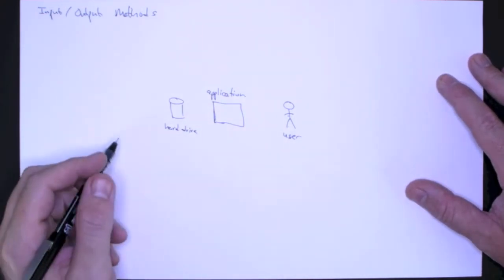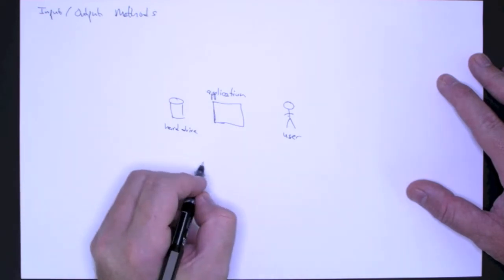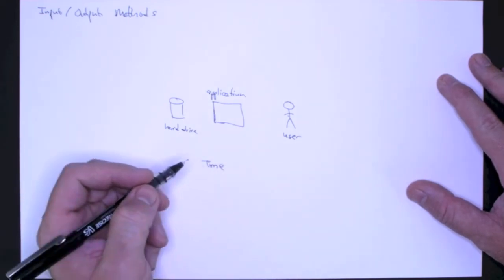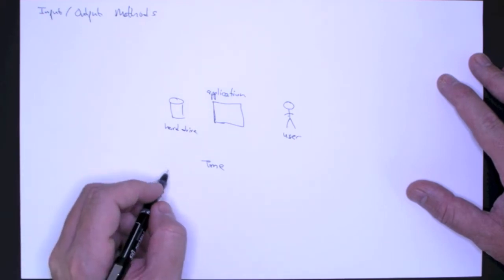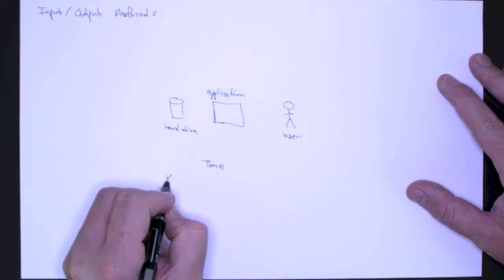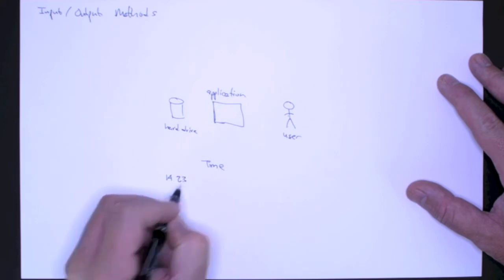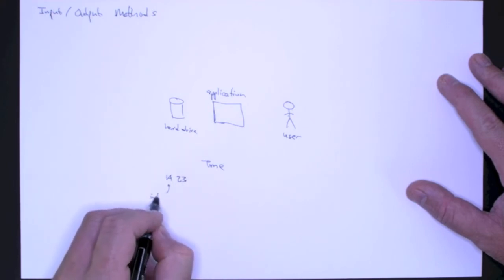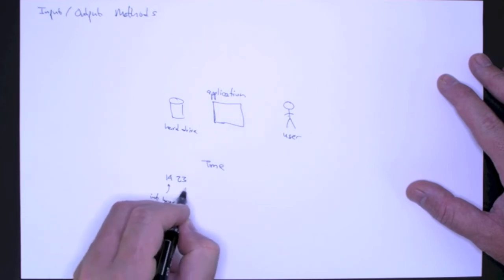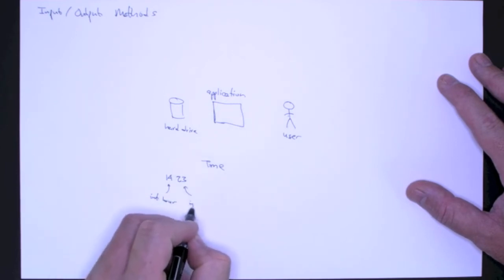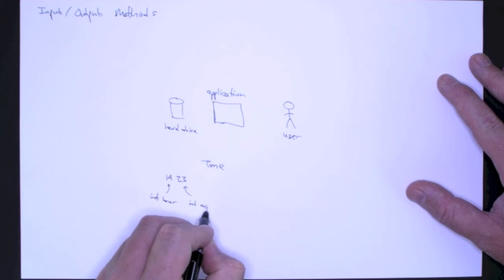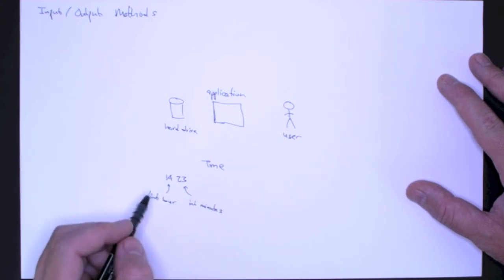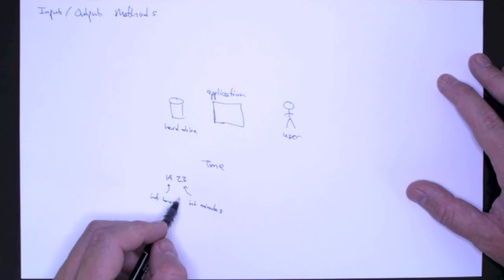And just as a very simple example, let's go back to this notion of time. Maybe on the hard drive you're storing time as 1423, two integers, right? This is an int hour, and this is the int minutes. And you're storing this in what we call military time.